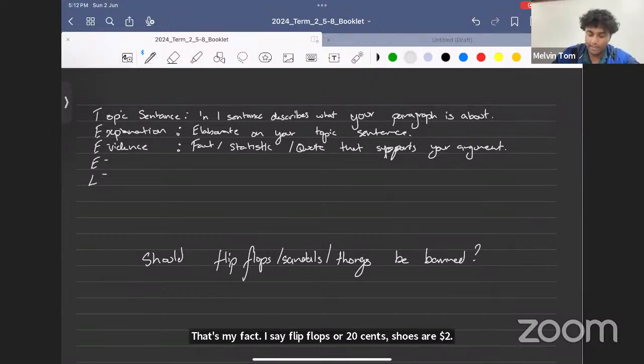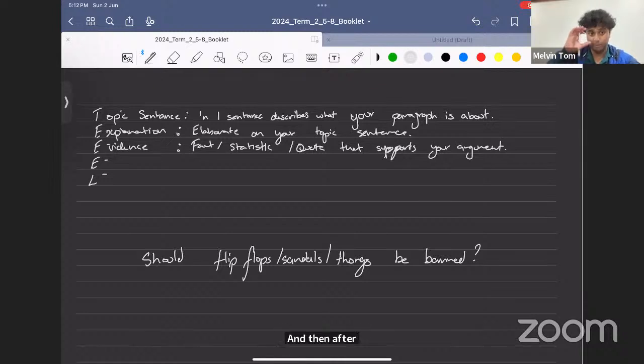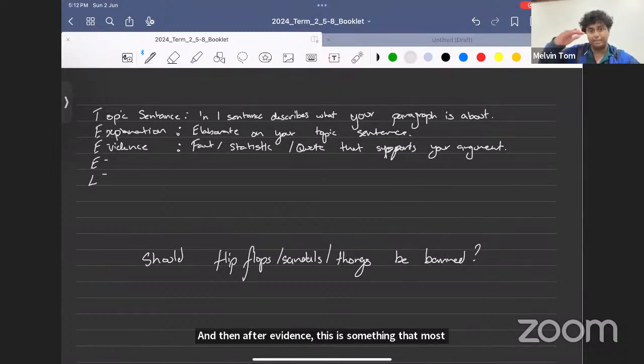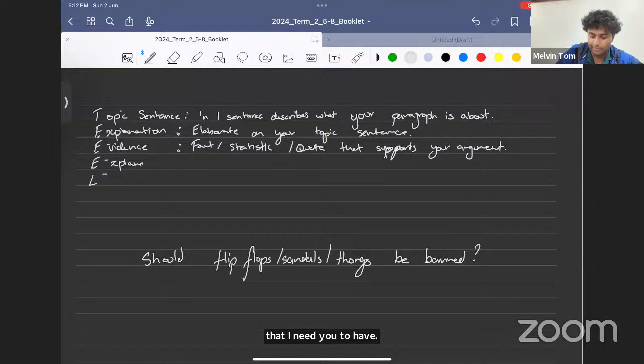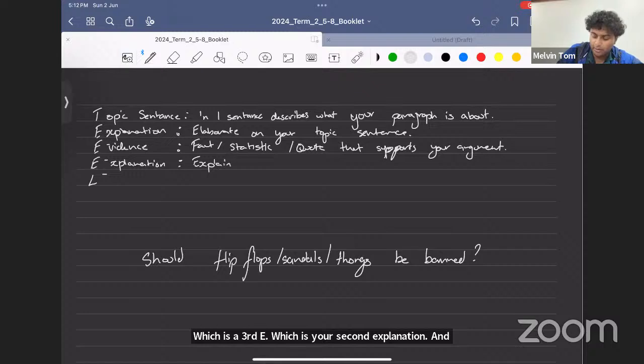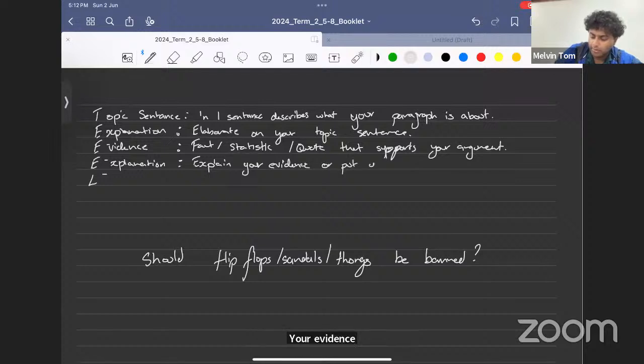And then after evidence, this is something that most people don't have in your TEEL, but it's something that I need you to have, which is a third E, which is your second explanation. And in this explanation, you explain your evidence or put your evidence into context.